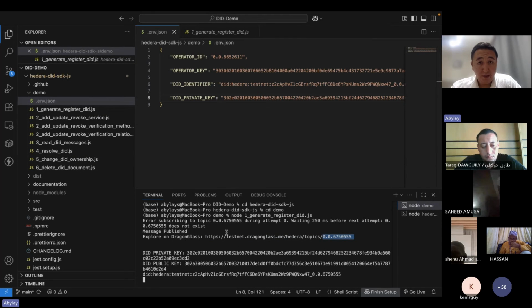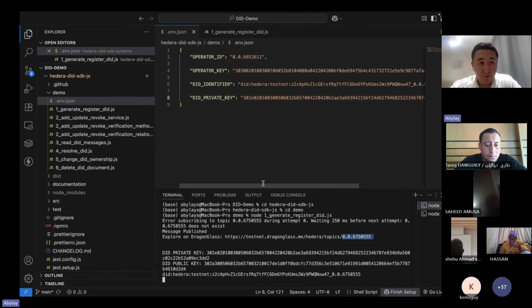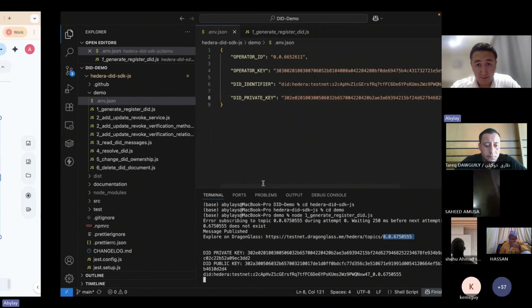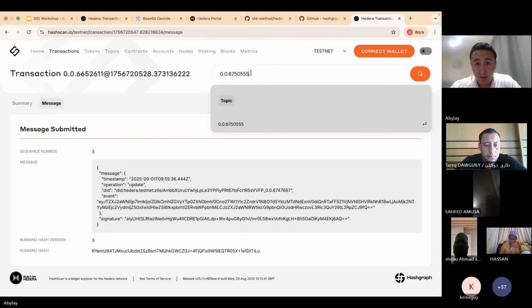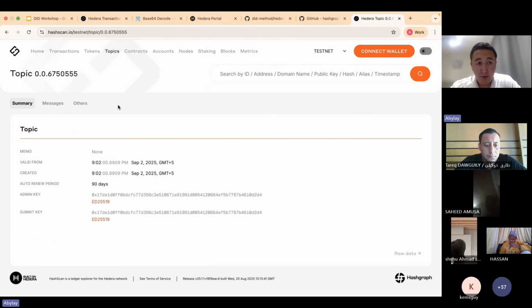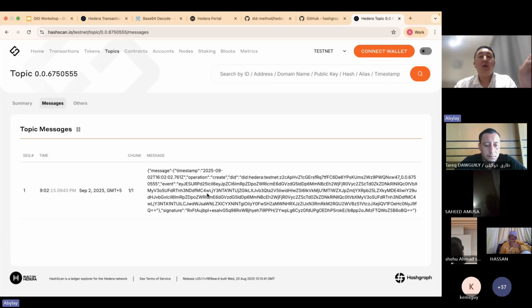It's referring to Dragon Glass, but I would prefer to use HashScan. So let's search. This is the topic we've generated. Messages. So there is one message, the DID create message that we did just now.